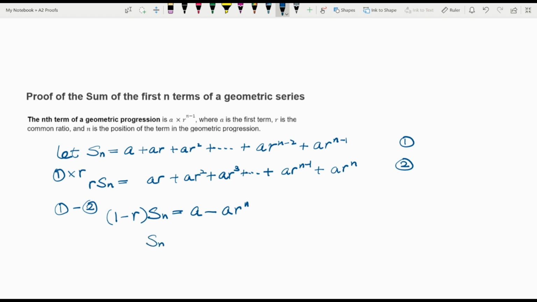That gives you Sn equal to a minus a r to the power n over 1 minus r. And we factorize the top. That will give you a times 1 minus r to the power n over 1 minus r, where r is not equal to 1. This concludes the proof of the sum of the first n terms of a geometric series.